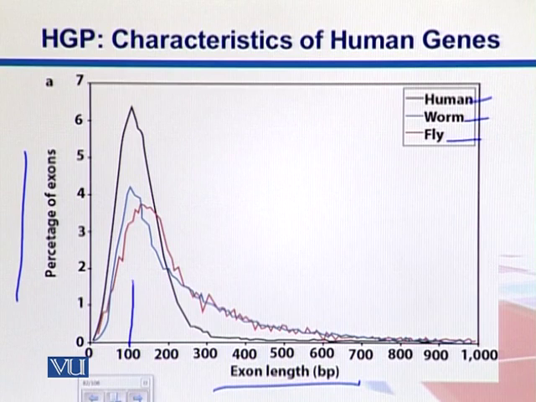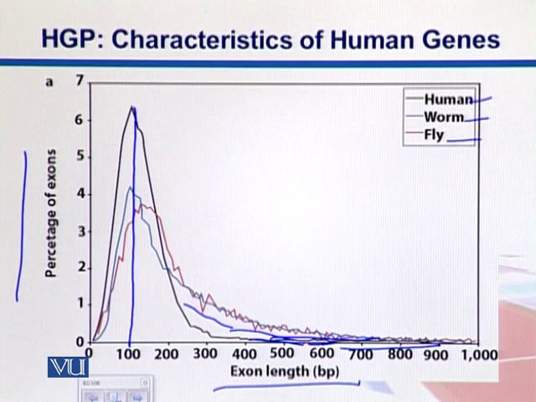A major proportion, around 6.5% of the exons, are of this length, and then we have a longer tail towards the right. The other species have their percentage of exons in different categories, and especially those higher categories are relatively high as compared to humans. So humans have relatively smaller size exons.